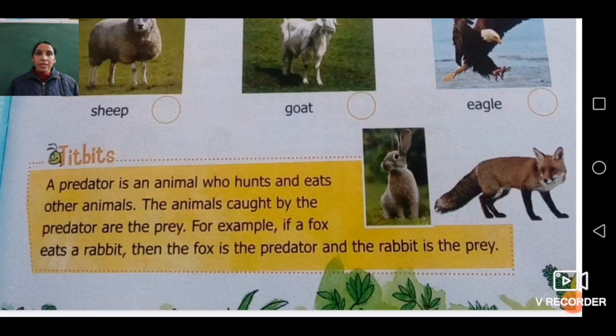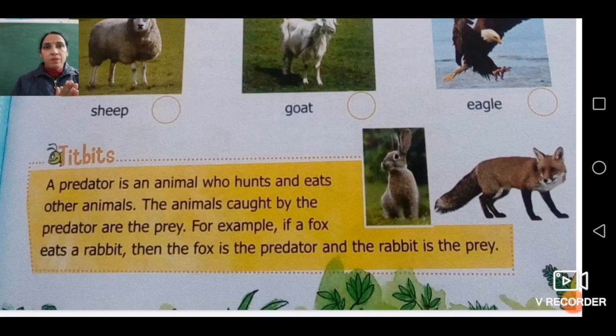So children, let's revise what we have done today. In today's class, we have done first the categorization, or dividing animals into three categories, based on their food habits. Before that, we divided animals according to their habitat.